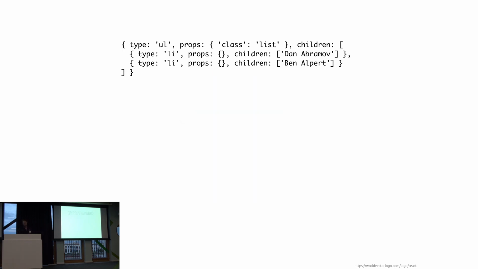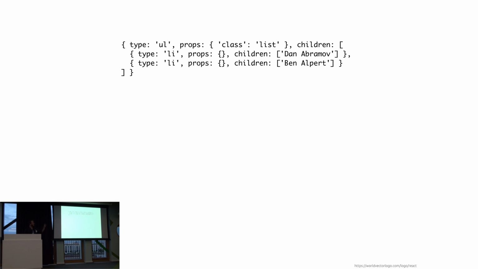So an example for that is here we have an initial state. It's a UL with 2 li children with 2 people. This is pseudocode, though. This is not an actual representation of the virtual DOM that React uses, but like I said, purely pseudocode.